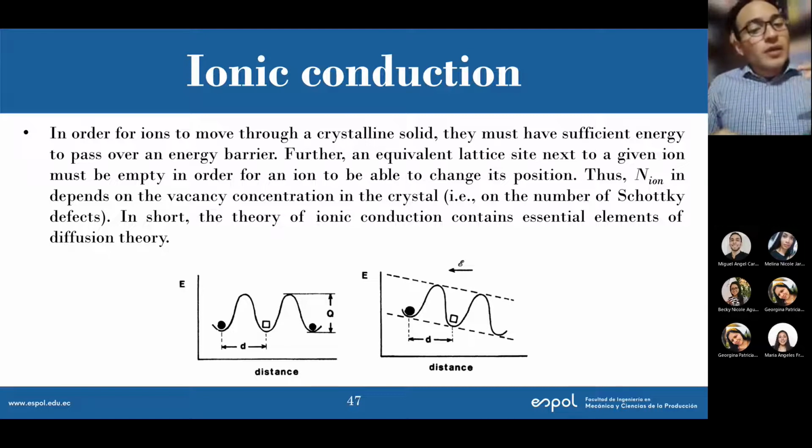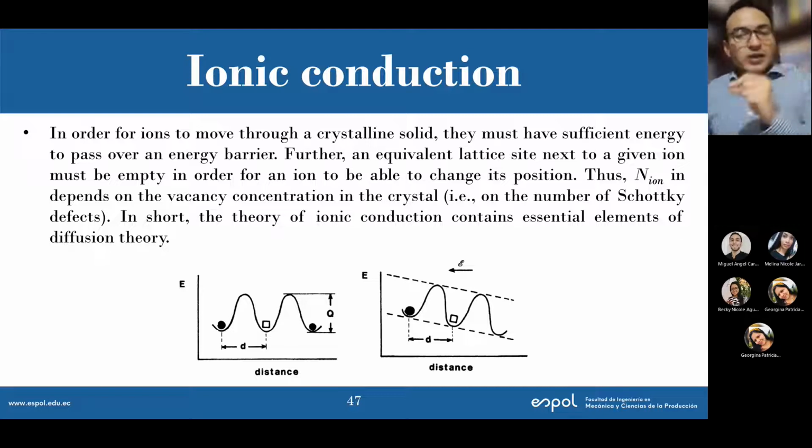And ionic conduction becomes so interesting because it's not like the movement of electrons, where we consider jumping from the valence band to the conduction band. Here it's more a consideration of moving from one lattice point to another lattice point.